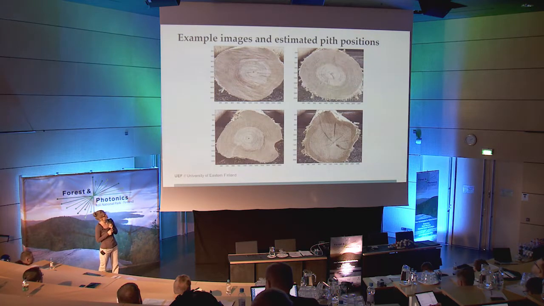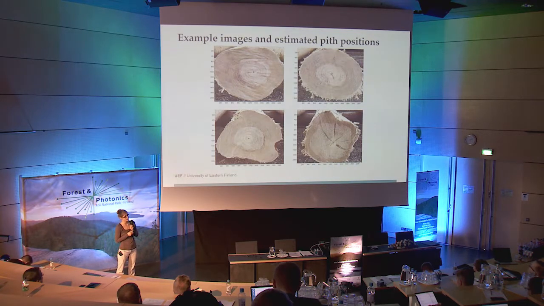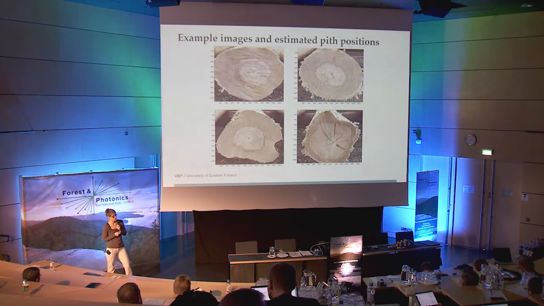Here, I hope you can see the red dots in the middle of the log ends, they are the estimated pith positions. And as you can see, it doesn't matter if the log is circular or not.